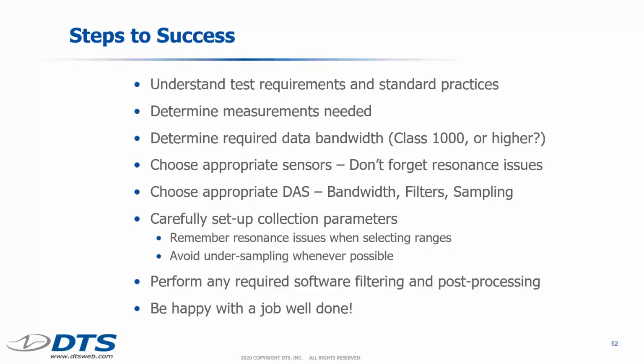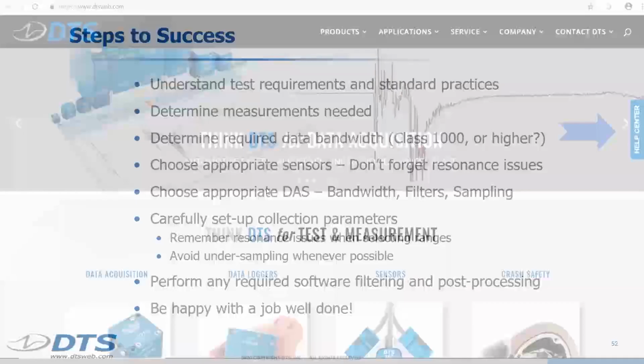Then you have to choose the appropriate data acquisition system, bandwidth, filters, and sampling settings. Carefully set up and monitor the collection parameters. And a concept we'll touch on again next time is undersampling. That has to do with the relationship between the sampling rate and the bandwidth of interest. And then perform any required software filtering. And if you've done all that with great care, you should be happy with a job well done.